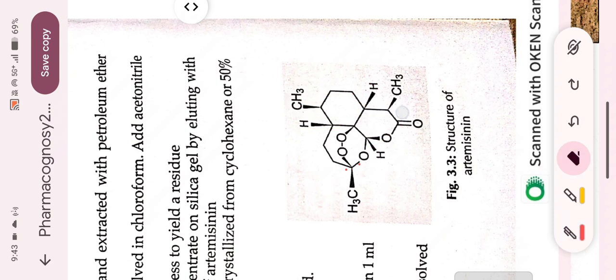If you want the detailed structure, the CH3 and H groups are all in bold lines. Yeah, you can write in the bold structure, it will look very detailed. Okay, then I think we can write without seeing.